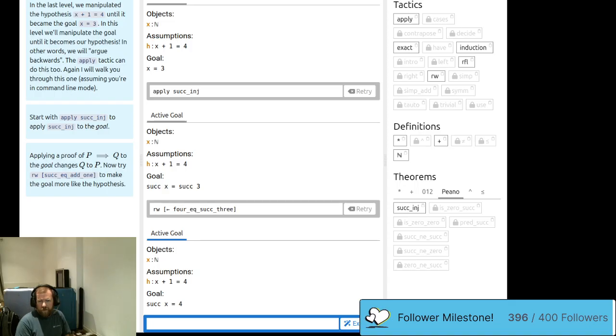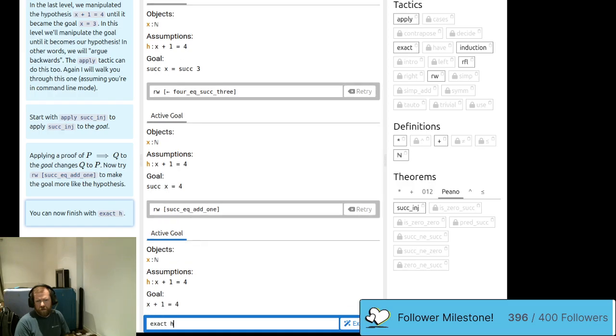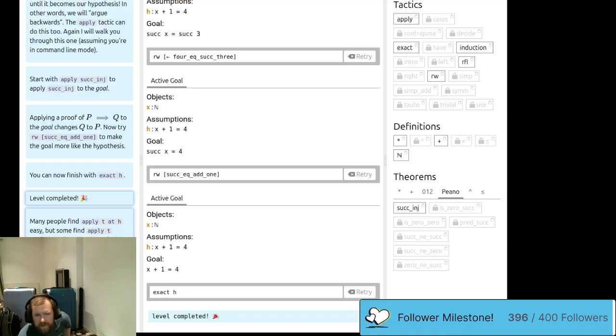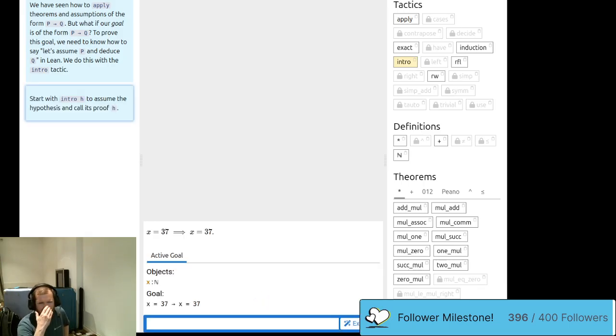And rewrite successor equals add 1. So we have a goal. x equals 37 implies x equals 37.